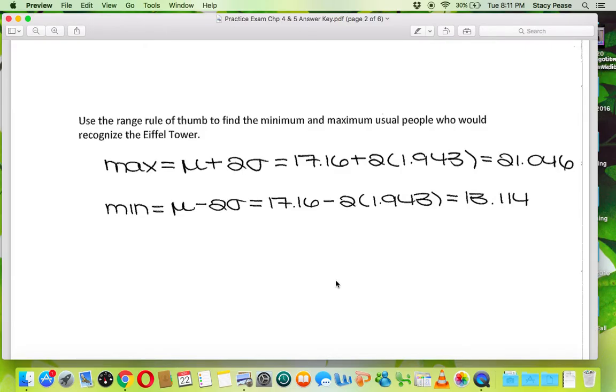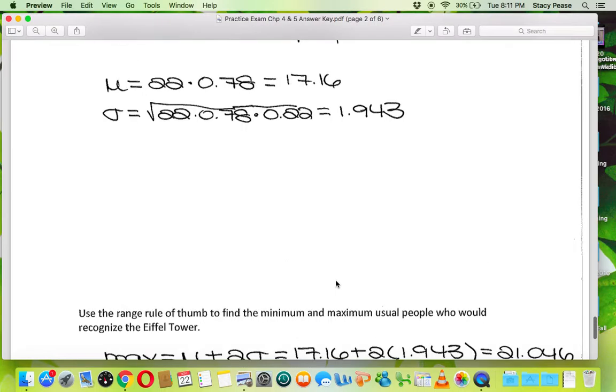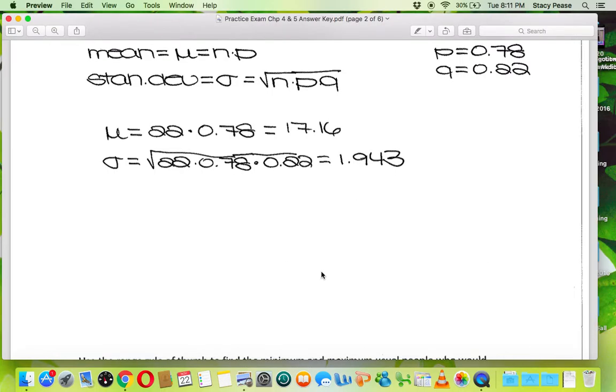Okay, and then we're going to use the values that we calculated above, the mean and the standard deviation, to calculate out our maximum usual value and minimum usual value for those that would recognize the Eiffel Tower. So let's refresh what we did up here. So our mean was 17.16 and our standard deviation was 1.943.